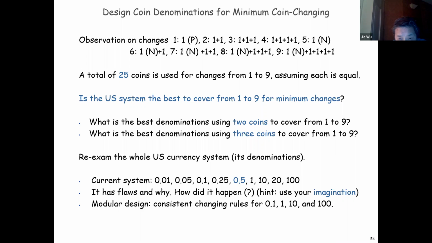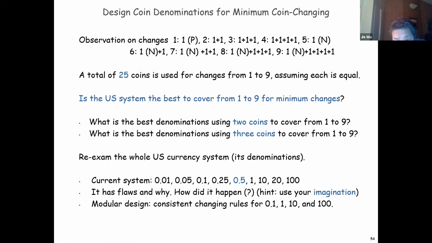But if you look carefully at the US system right now, you have 1 cent, 5 cents, 10 cents, 25 cents, and 50 cents, although it's not frequently used. And then you have $1, $5, $10, $20, $100 bills.